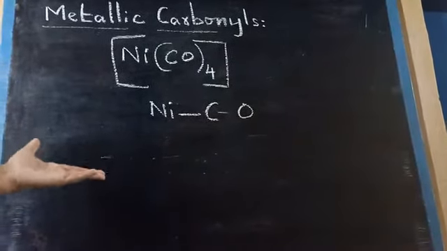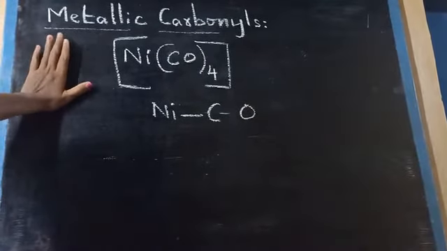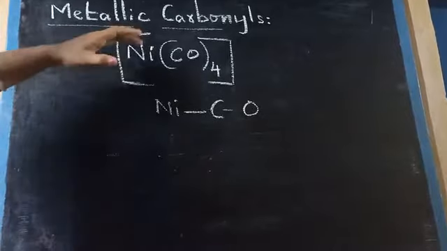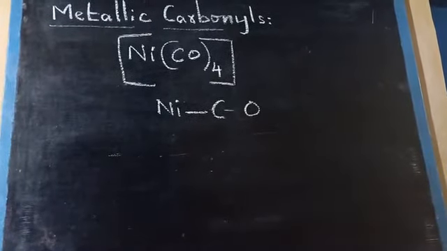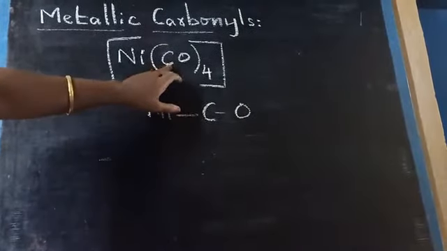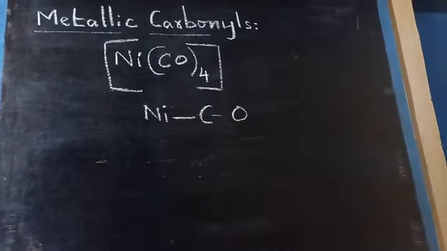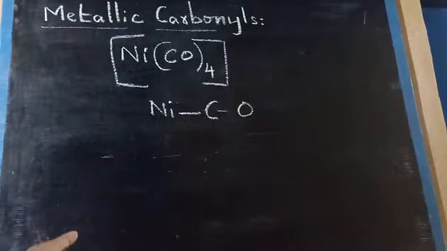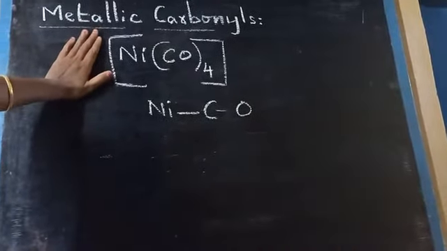For example, in industrial purposes, these complexes are used as catalysts. At the same time, they have the ability to remove the CO group. So this is the importance of metallic carbonyls.